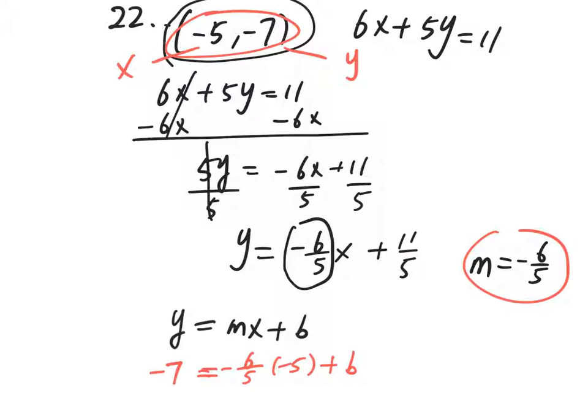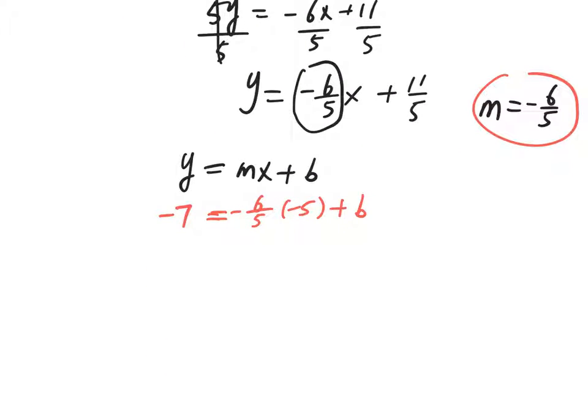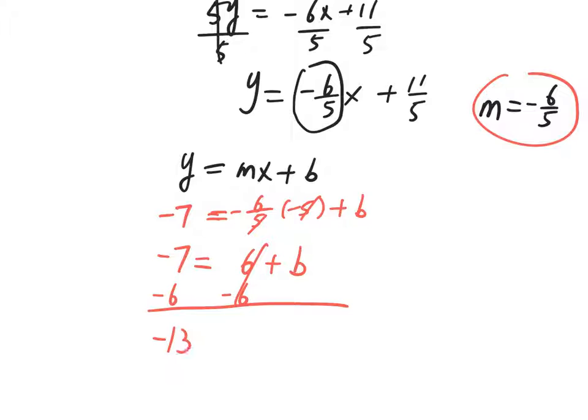So I plug this given point into this slope intercept form, and then we'll solve for b. So -7 equals, that's cancelled, that becomes +6 plus b, and then you subtract 6 from both sides, so that's negative 13 equals b. Now putting together my m, my final answer is y equals negative 6/5 x minus 13.